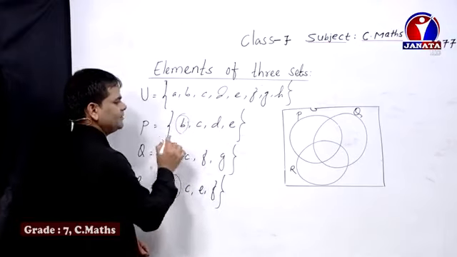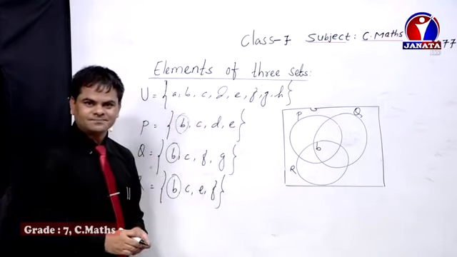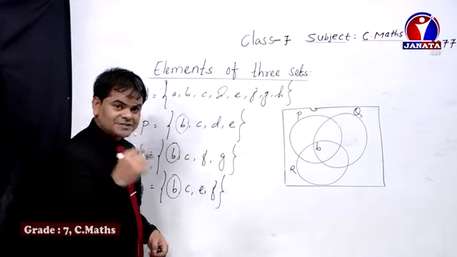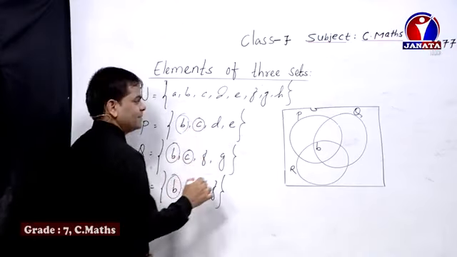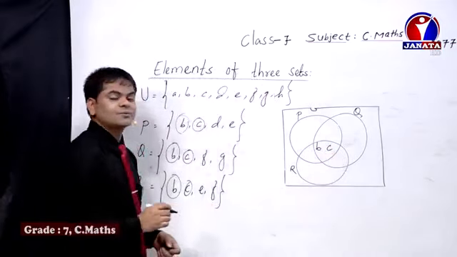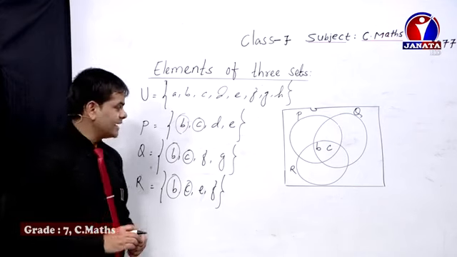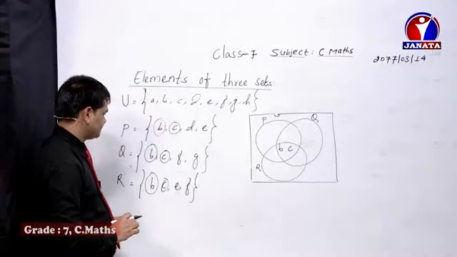That means B will come in the common area of all 3 circles. Now, if you see the C, here is also, here is also, here is also. It means this one also should be plotted in the concentric common area of all the 3 circles.